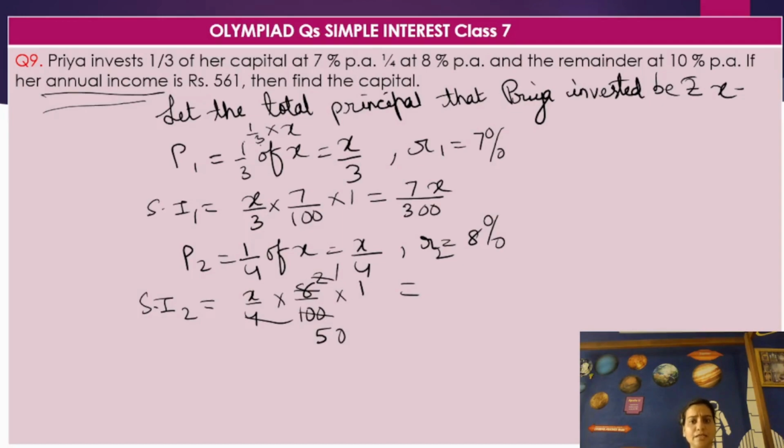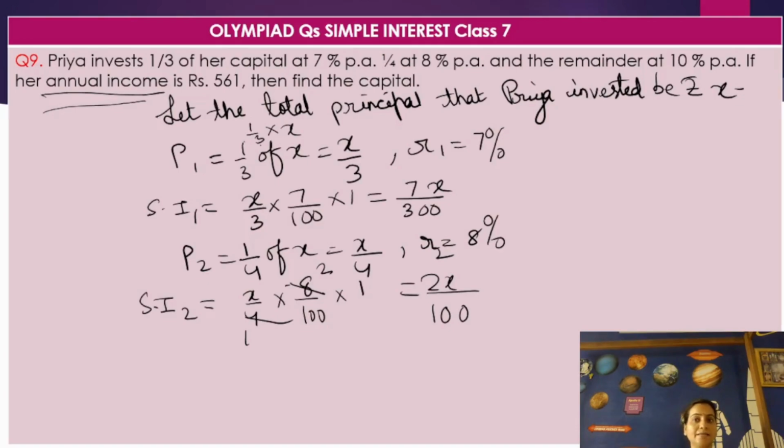I'll cancel out the 4 here, and 4 twos are 8, but I'll keep the 100 as it is. All the simple interests have 100 in the denominator. So this is the simple interest for the second principal, X/4, which is 2x/100. Why I'm keeping 100 is for easier calculation.